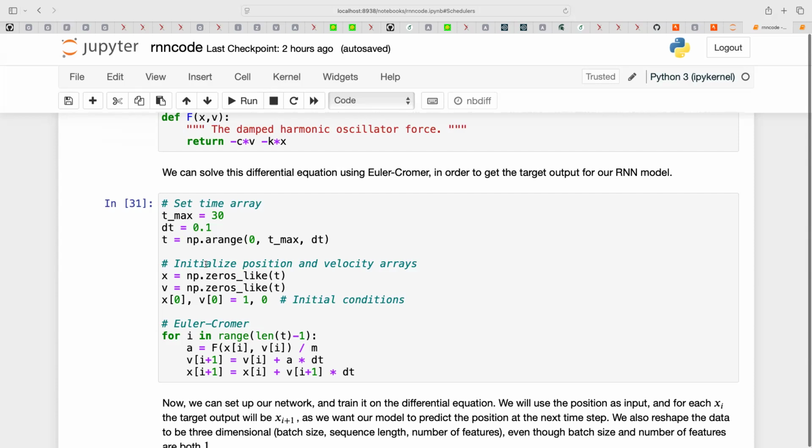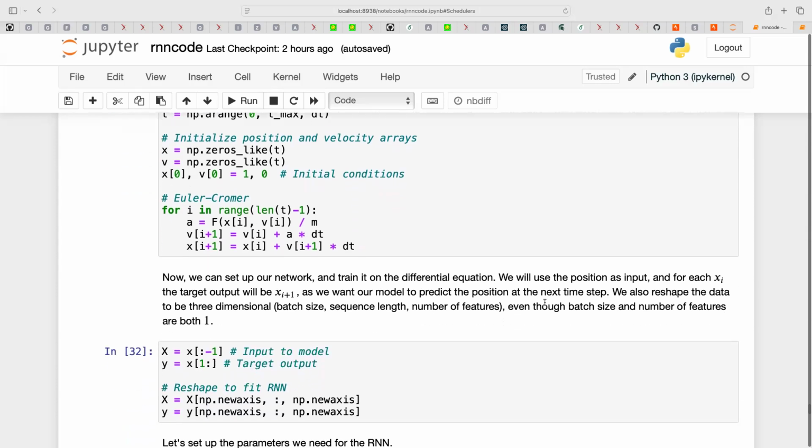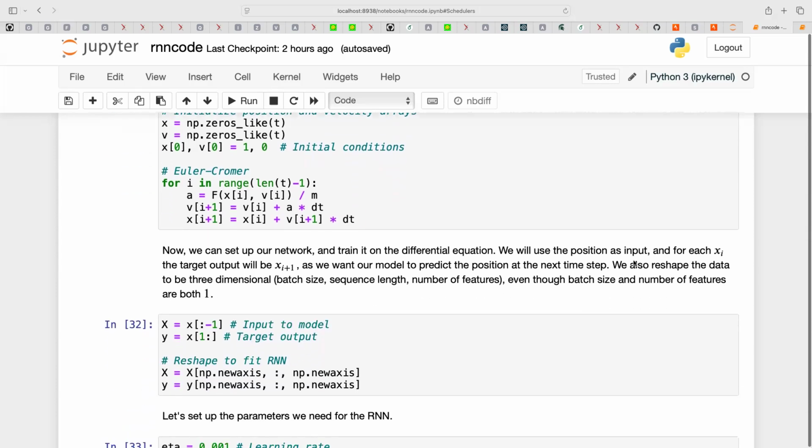Now, this is a case which is going to give us oscillations with damping. And normally when we do that, we can often get pretty good results with recurrent neural networks. And this is something you will see when we now train the network. So we can set our network and train it on a differential equation. We use the position as input for each x.